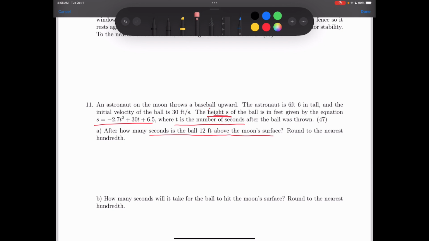So, after how many seconds is the ball 12 feet above the moon's surface? 12 is going to be my S value, so I'm going to plug in 12 in that equation for S. So 12 equals negative 2.7 t squared plus 30t plus 6.5.